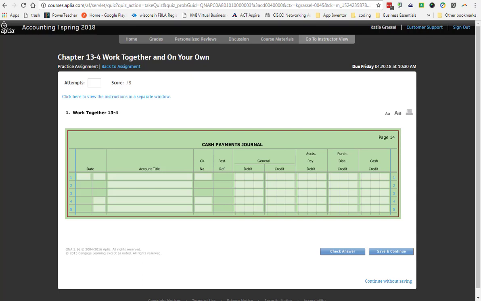We have to pay it monthly, so at the end of March, we're going to have to go through and put this in as April 30th. I need to pay my monthly taxes, so I'm going to pay my employee income tax payable, Social Security, and Medicare.